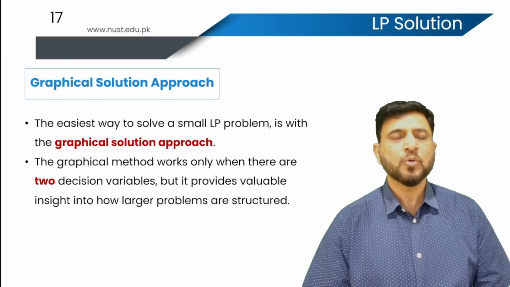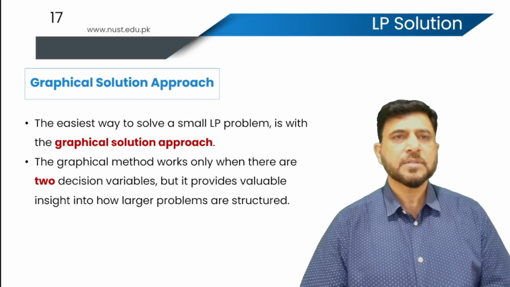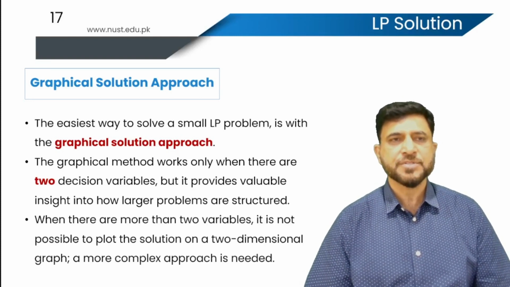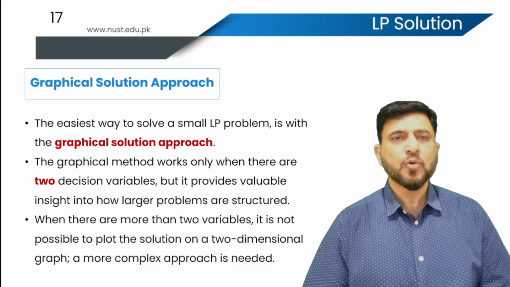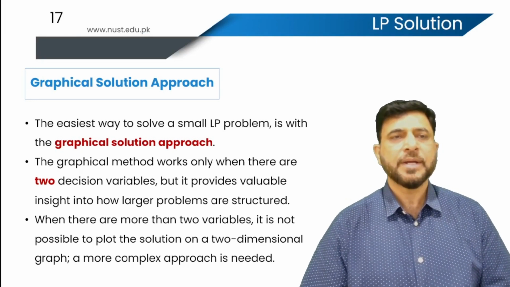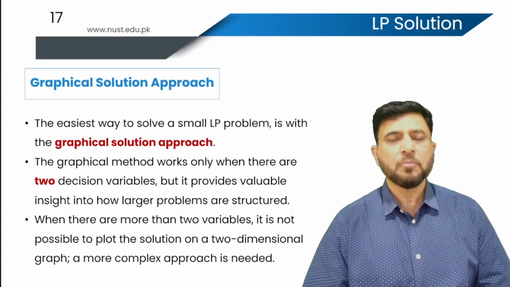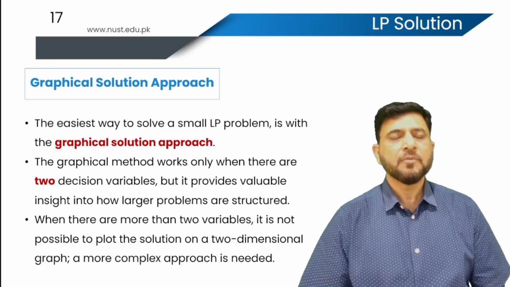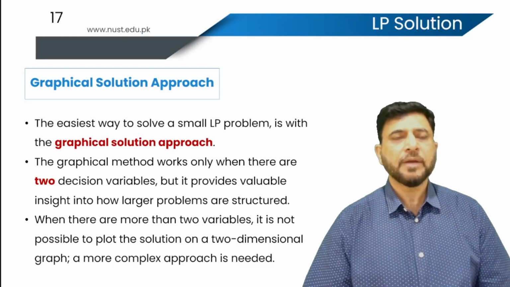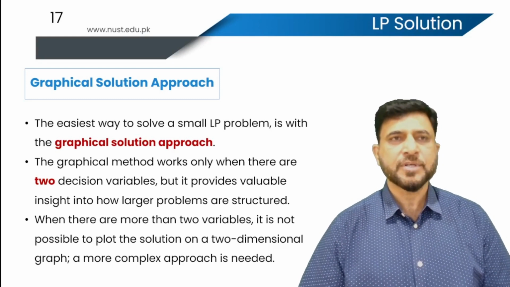It can deal with only two variables, but it provides valuable insight into how larger problems are structured. When there are more than two variables, it is not possible to plot the solution on a two-dimensional graph. A more complex approach is needed. Then we may use some software for this, and we will be using that software, inshallah.